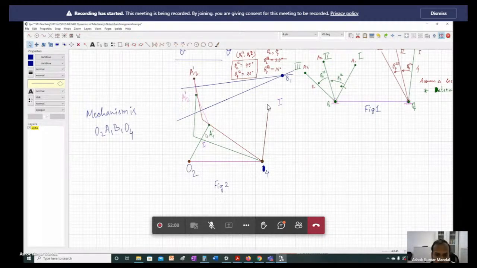Link 1, hinge point, link 2, O4, and P. Okay, you can also take one of these lines. So I'm drawing it here.